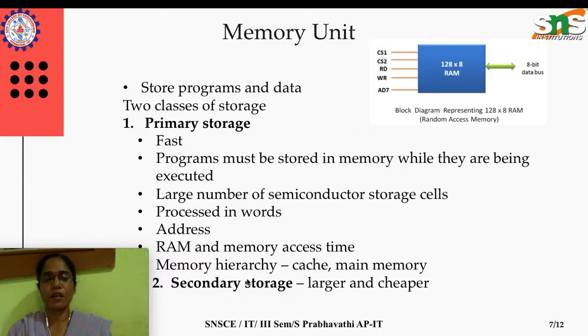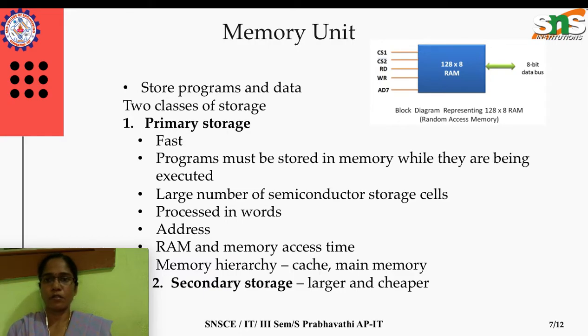Compared to secondary memory, much faster than RAM is cache memory. Cache memory is very fast, but its capacity is very small. Its speed is very fast compared to main memory since it resides as a part of the processor.